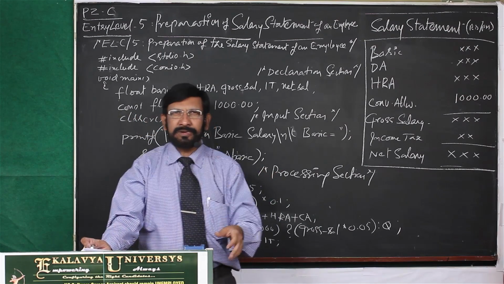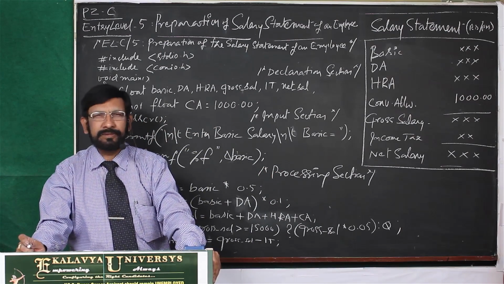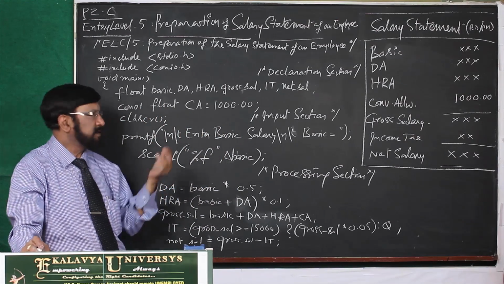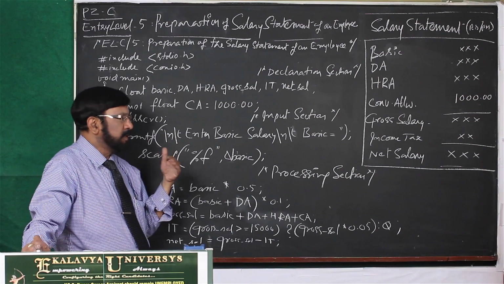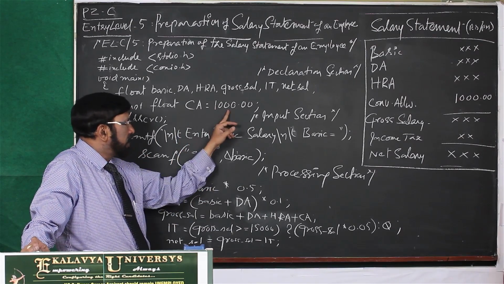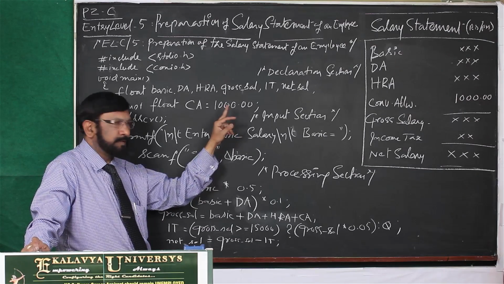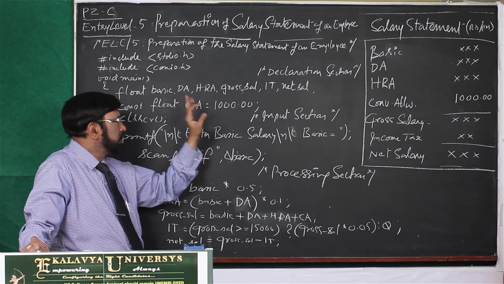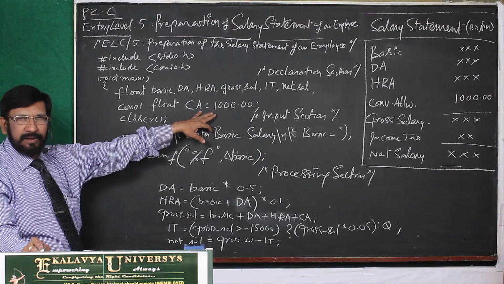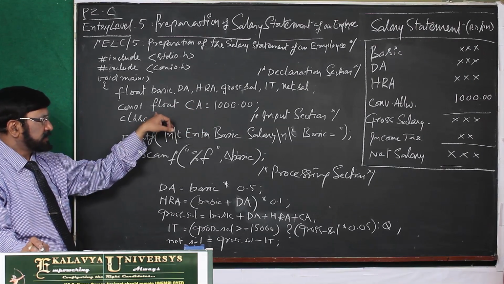It is a precautionary measure, because if these are in uppercase, you can prima facie understand it is a constant. Constant means we are not supposed to change its value. And it should be initialized. If you don't initialize, it leads to error. So conveyance allowance I initialized as a constant.